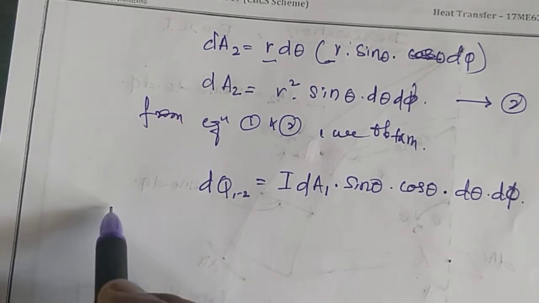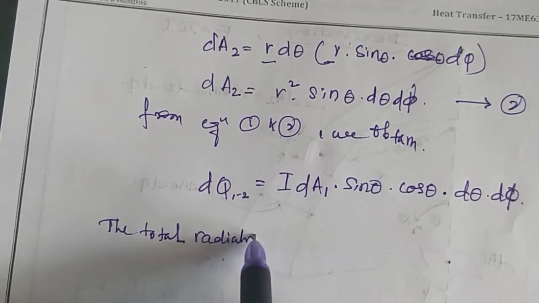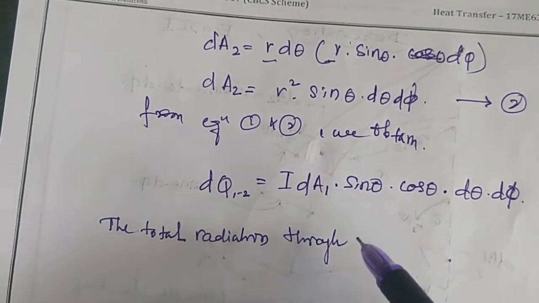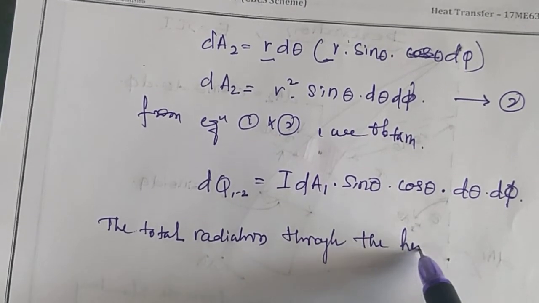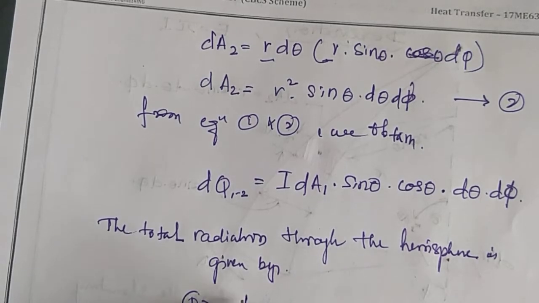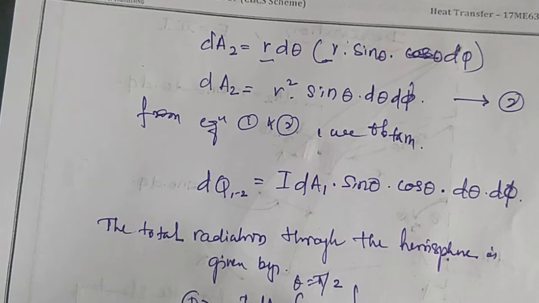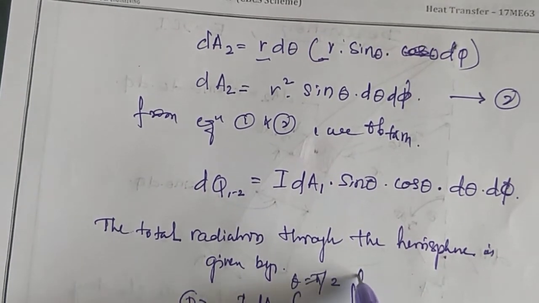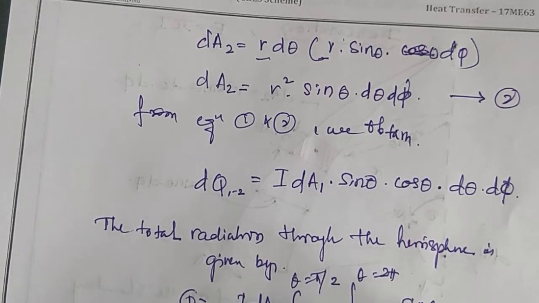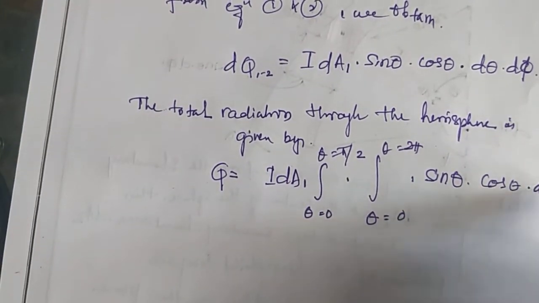If you want the total radiation through the hemisphere, it is given by Q is equal to I dA1 integration of theta from 0 to pi by 2 and integration of phi from 0 to 2 pi of sin theta cos theta d theta d phi.